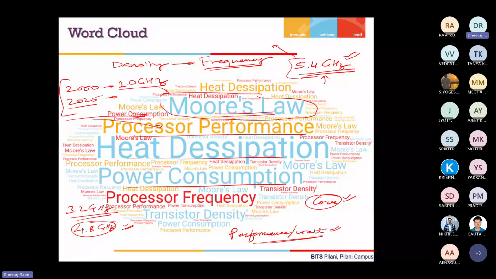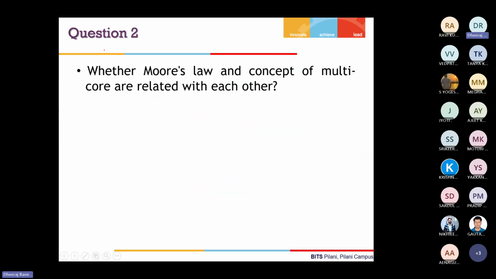So 2001 gigahertz and 2025, even considering my system's processing, it is only 5 times, right? Not expected with the pace with which the industry is moving. But definitely there are limitations, and that's why we have to look for alternate options.